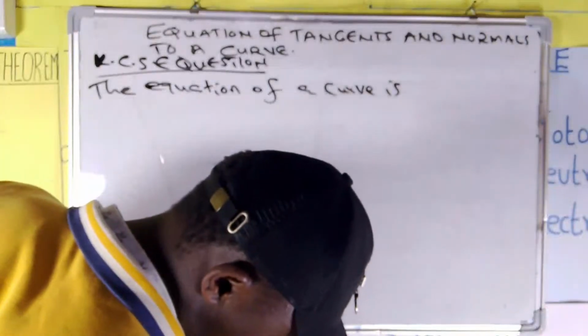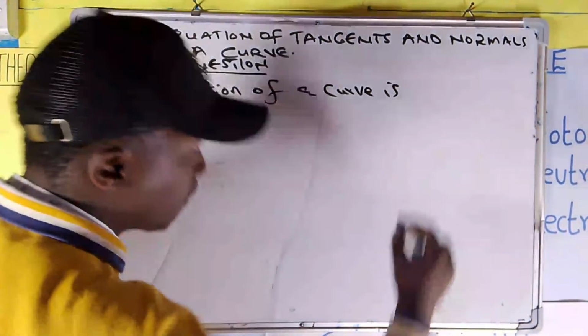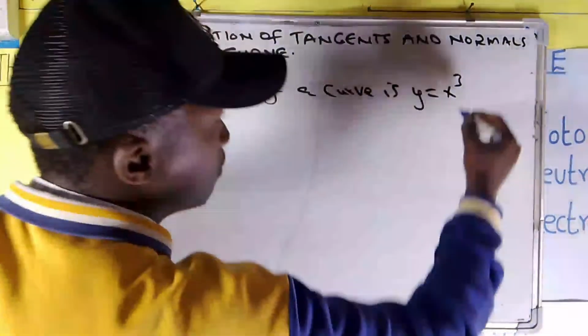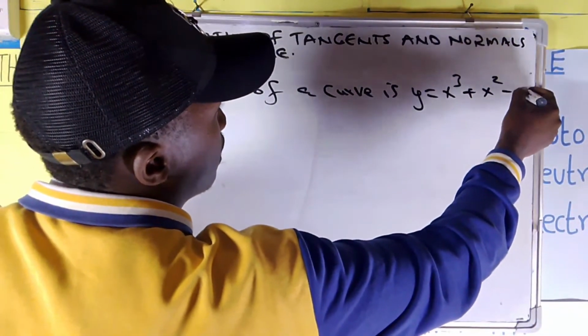The equation of a curve is y is equals to x cubic plus x squared minus x minus 1.